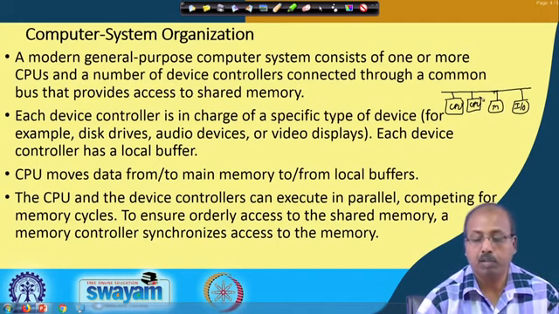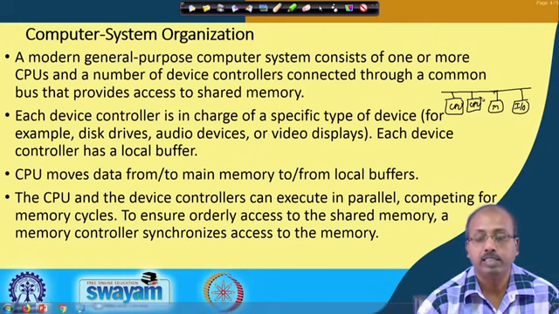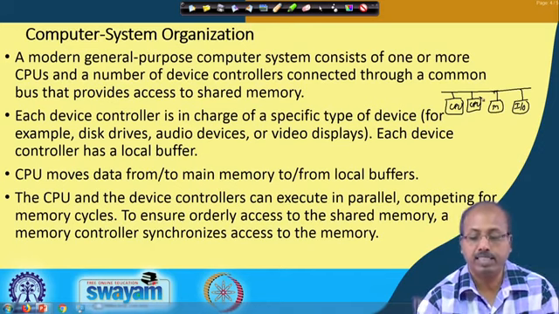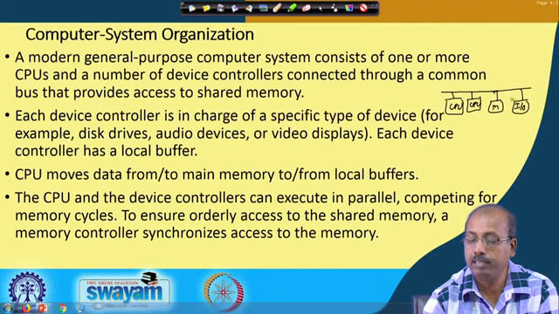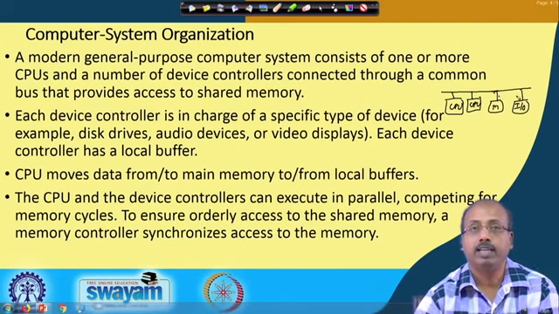So, the number of programs that these CPUs can execute is double the previous one. Apart from that, we have a number of devices connected: this IO device, this memory, all of them are connected.